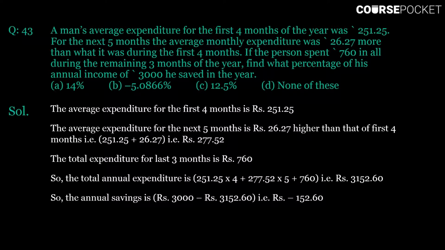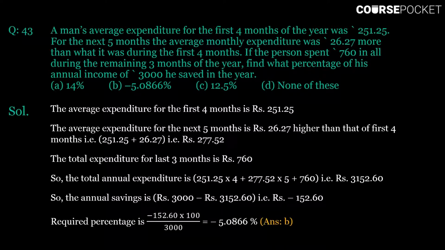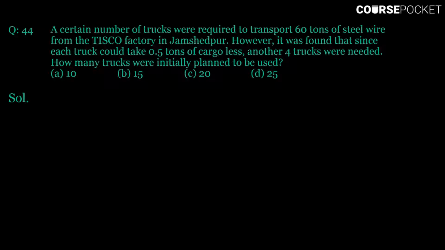Since the annual income of the man is rupees 3000, his annual savings is minus 152.60. So the percentage is minus 152.60 into 100 divided by 3000, that is minus 5.0866%.